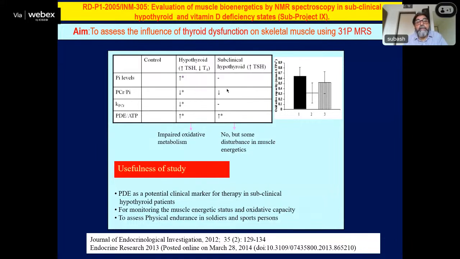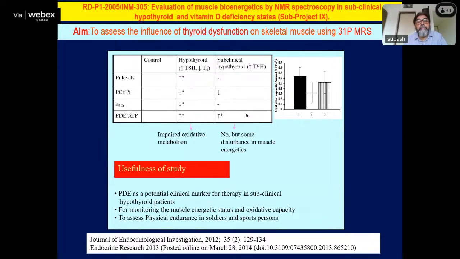So we said whenever there's an increase in Pi, and when PCr/Pi is decreasing, we should be able to treat them. But this is the only parameter, Pi, which is increasing compared to healthy controls. So we should treat them, and this is also similar to hypothyroid. The trend is similar to hypothyroid.